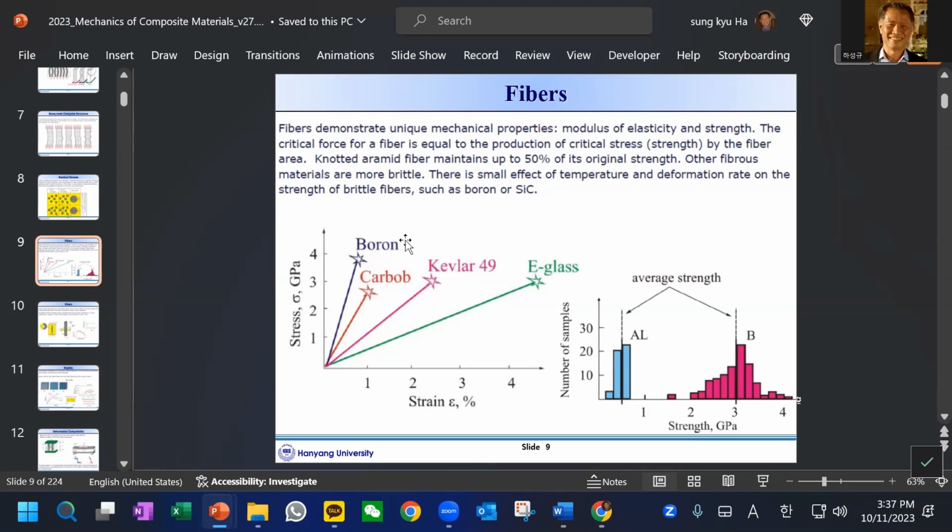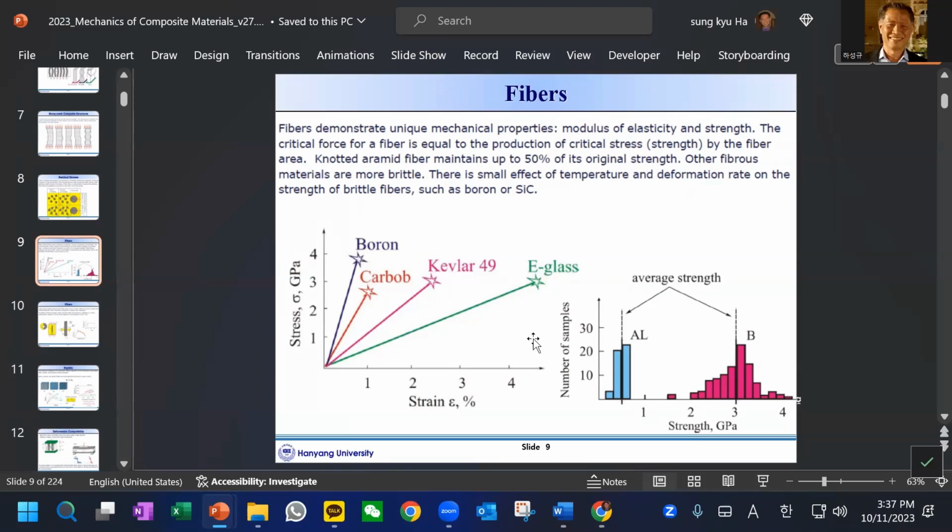And the high modulus carbon means that the stiffness can be even higher, usually 250 or 300, but it can be even higher. Now we have Kevlar and e-glass. For e-glass, the stiffness is low and strength is low relatively compared to carbon.